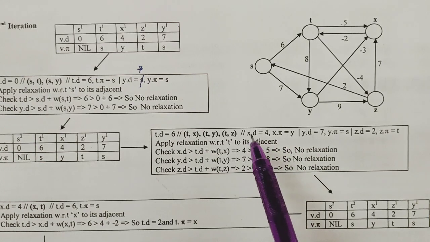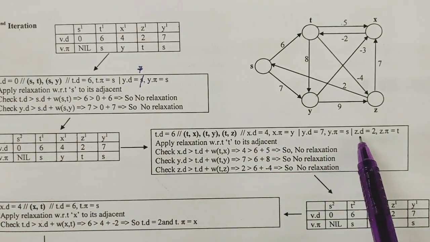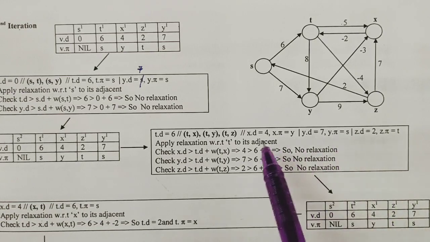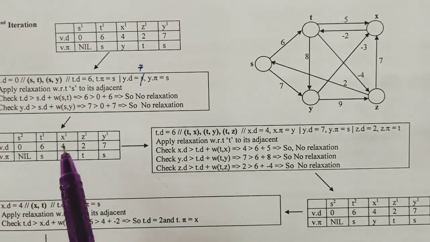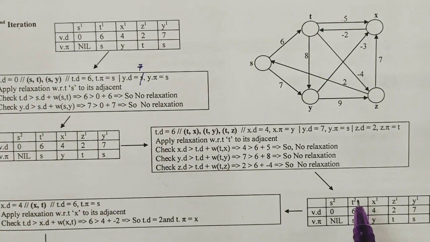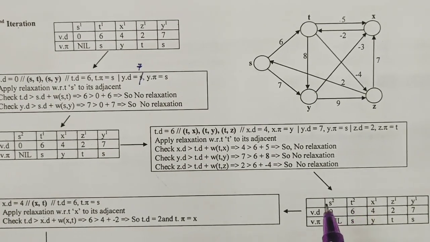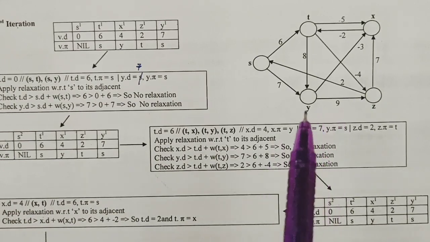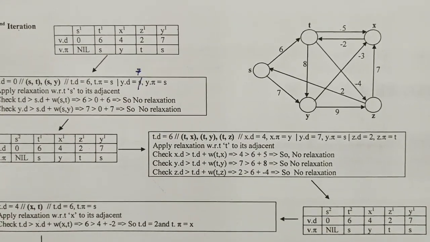So no change of d parameter value for x, y, and z. As their d parameter is not changing, definitely there is no scope of changing their pi parameter value. So t completes all of its edges. That's why it is mentioned as t2. Under second iteration, t finishes its execution. That means t completes all of its edges from t to the vertices x, y, and z. Okay.